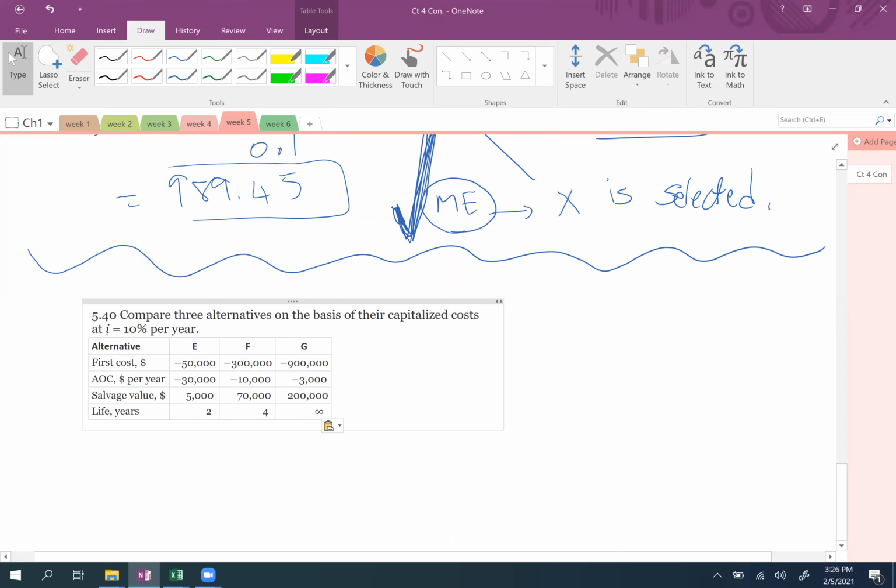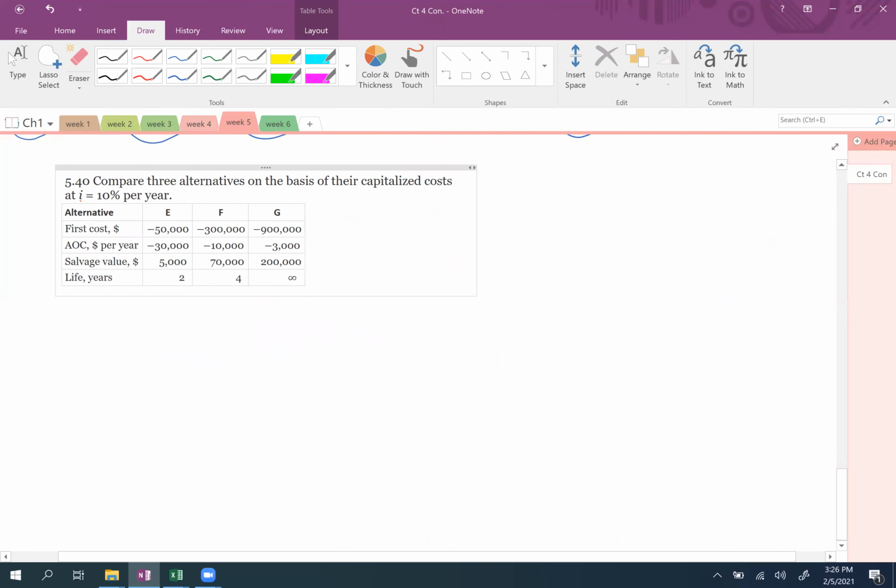Because we didn't have time to finish it last time, that's problem 5-40 of your textbook. In this problem, you have different alternatives to compare, and you want to use present worth analysis to compare these alternatives. We know that when I have different projects, I have to calculate the LCM of these lifetimes.